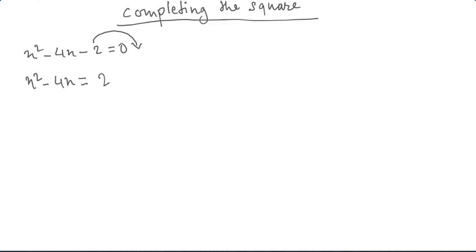So now we have to focus here. For x squared minus 4x, we have to divide the 4 by 2, I mean make it half. When we make that half, we get 2. If in place of 4 there was 8, we would divide by 2 and get 4.